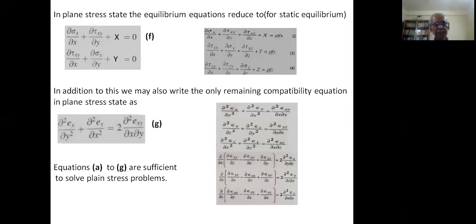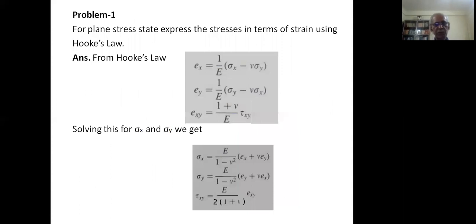We look at a simple problem to understand this. Consider a plane stress state. Express the stresses in terms of strain using Hooke's law. From Hooke's law for plane stress, we have seen that we have got only three equations.